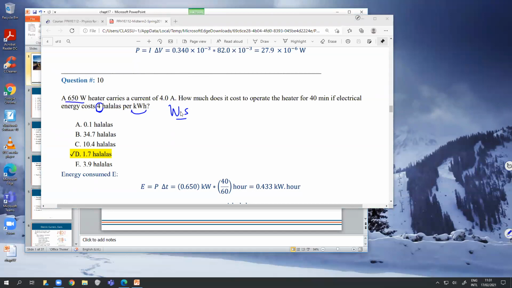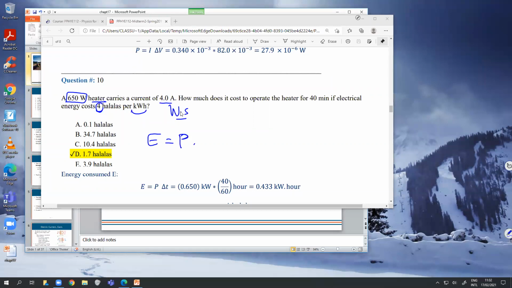We are using a 650 watt appliance, a heater. That means this appliance will get the energy at the rate of 650 joules every second when you connect it to the power supply. And it carries a current of 4 amperes.